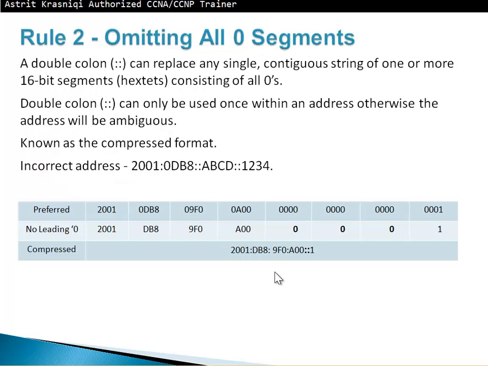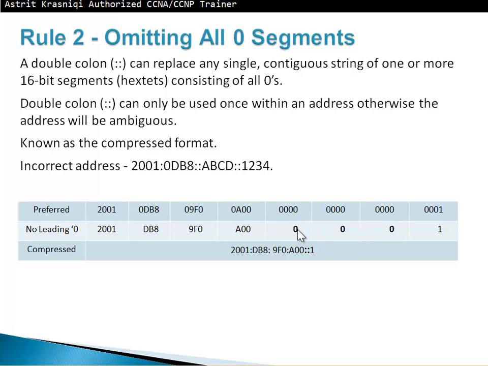Omitting all 0 segments: a double colon can replace any single contiguous string of one or more 16-bit segments, or hextets, consisting of all zeros. The double colon can only be used once within an address, otherwise the address will be ambiguous. This is known as the compressed format. For example, here we had colon 000.